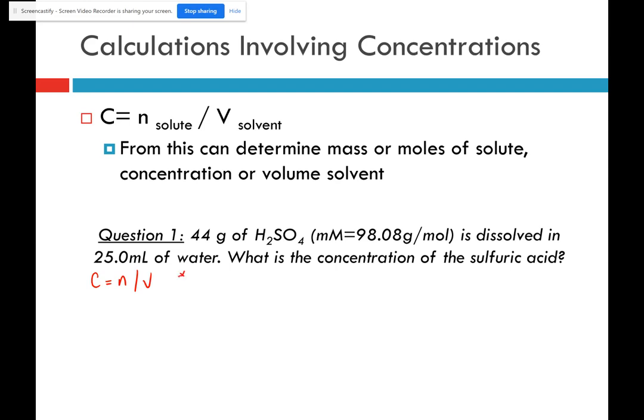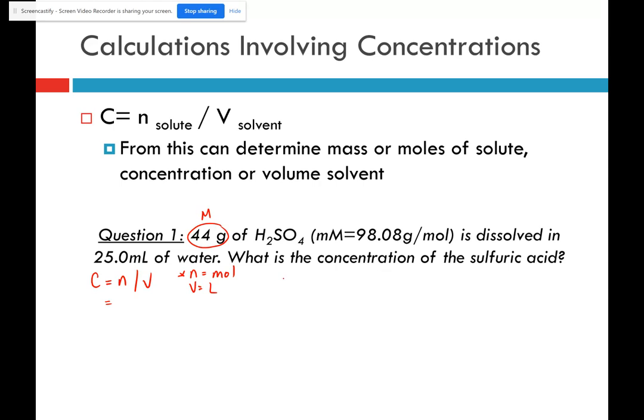Now remember, our moles needs to be in moles, and our volume needs to be in liters. Okay, so we need to do a couple things here before we can get straight to our formula. First thing is we are given a mass, not a number of moles, but that's fine. Everything we learned in Unit 3 isn't going to go away.